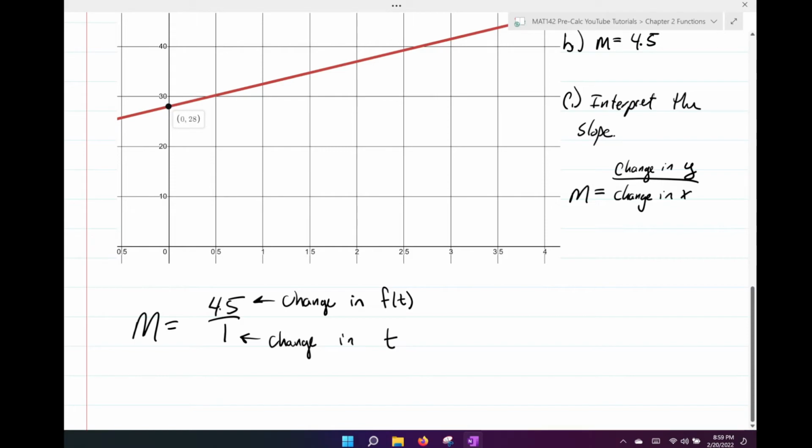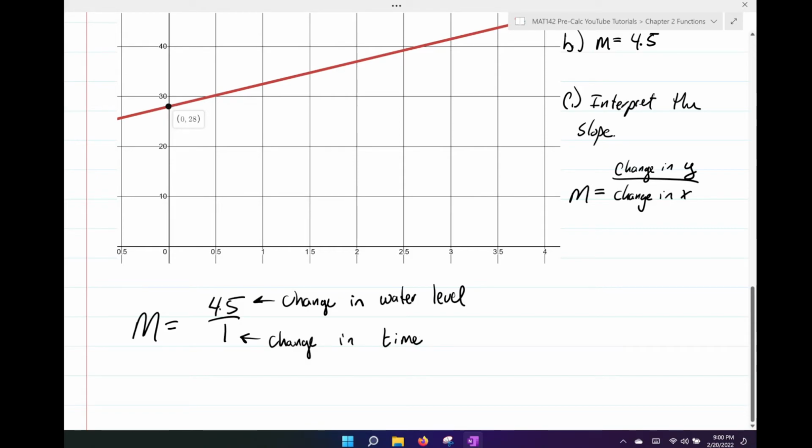But what I'm going to do is I'm going to take this even one step further, okay? I'm going to erase the f of t and the t because I want to actually write out words. I think words are so important, and we don't use words enough in mathematics. So the 4.5 represents the change in water level, and the 1 represents the change in time.